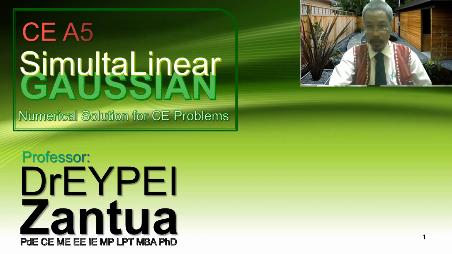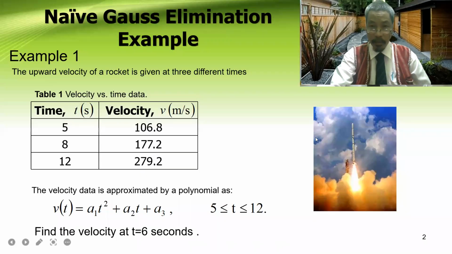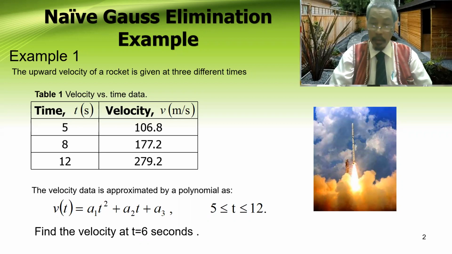So let us first explain through an example, because it may seem very complex when you are looking at the formula, particularly on the forward elimination.